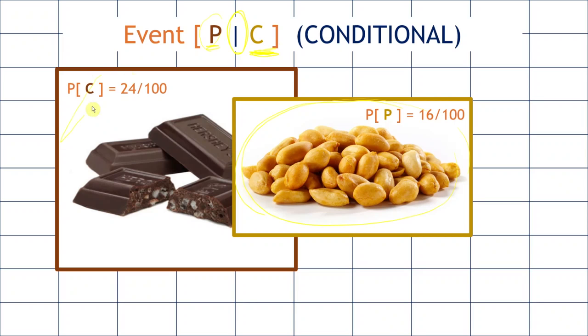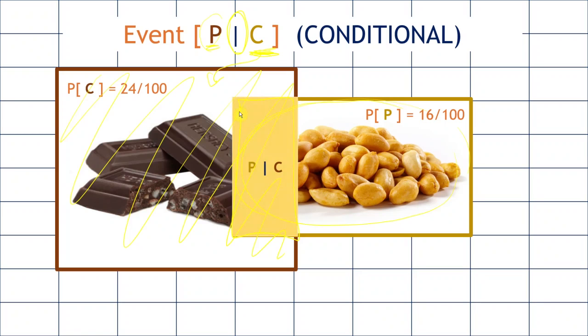So it'll be this region, which is everybody who likes chocolate. Out of all these people who like chocolate, we want those who also like peanuts. What's the probability? So again, we're looking at this intersection over here.